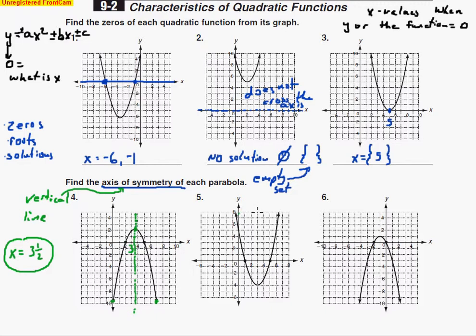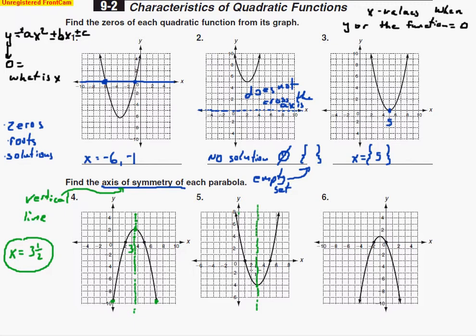Again, all you're looking for is where could I draw that line in which it would cut this parabola into two equal halves. Well, all you have to do is look for that maximum, or in this case, minimum point, which is right here. And then if I draw that dashed line right here, like I'm cutting this piece of paper right down the center, I have two equal halves of this parabola.